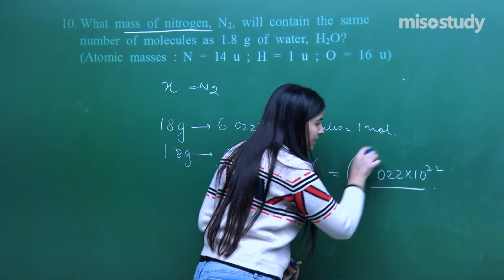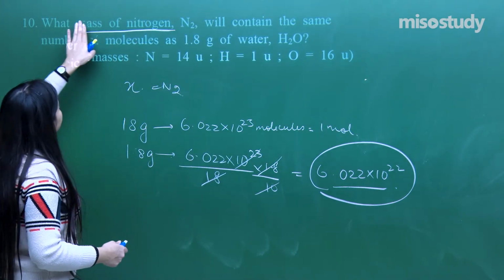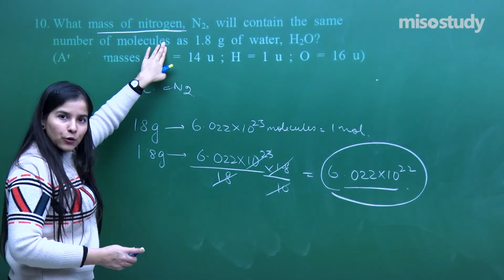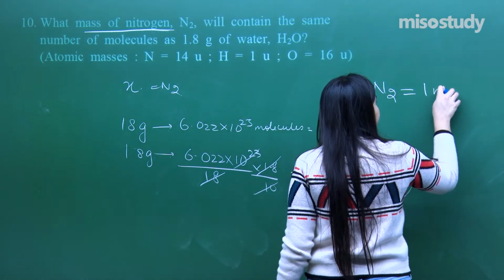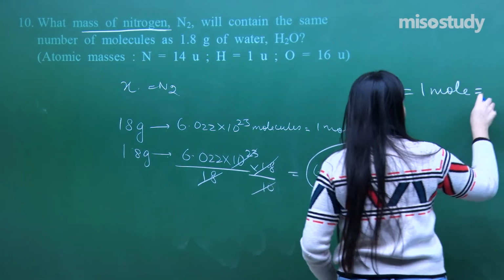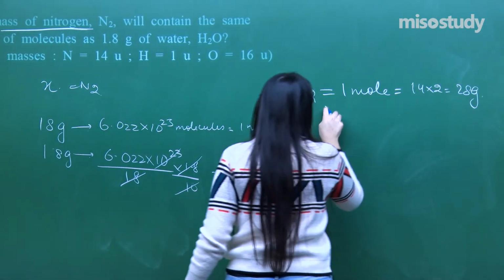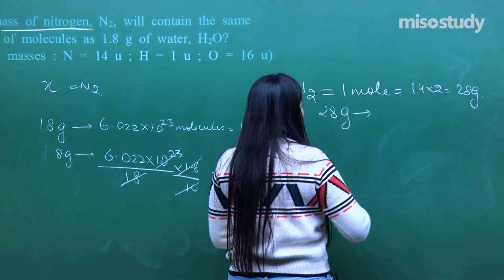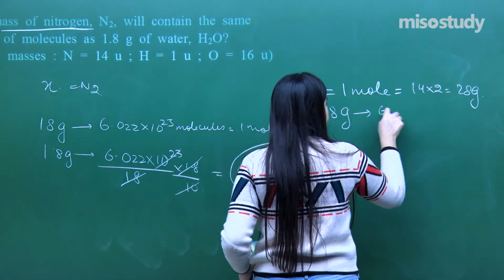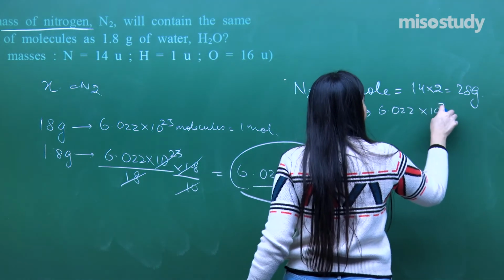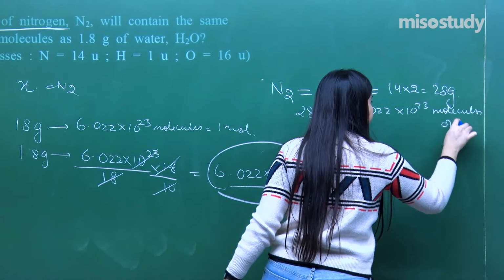Now these molecules we should consider for the nitrogen gas. So see here, N2 gas, if I calculate it for 1 mole, how much mass comes out to be? 14 into 2, that is 28 grams. 28 grams corresponds to 6.022 into 10 to the power 23 molecules of N2.